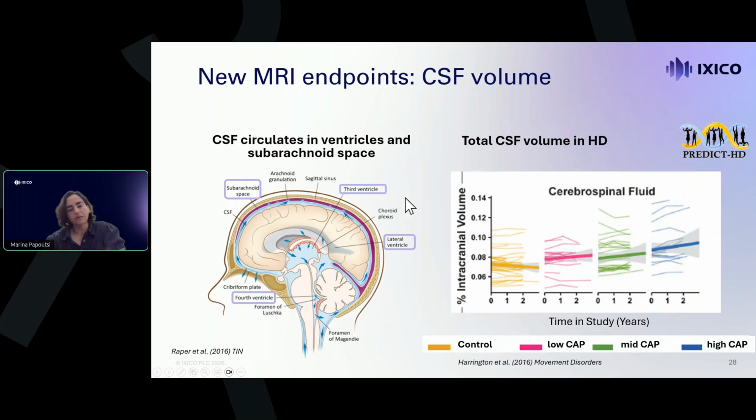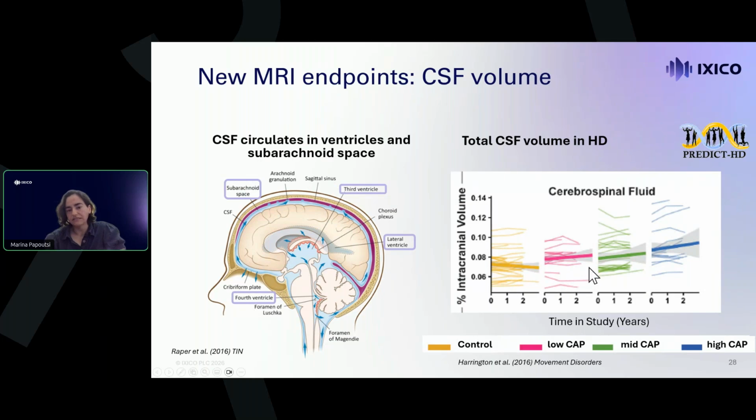One of the hypotheses currently being considered is whether there is a redistribution of CSF. So maybe the lateral ventricles are increasing, but some other areas of the CSF are decreasing to make up some of these changes. So there's a change in the dynamics of the CSF, but not necessarily in the whole volume of the CSF. And we know total CSF volume changes in HD, similar to the lateral ventricle.